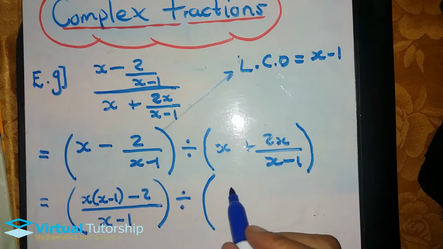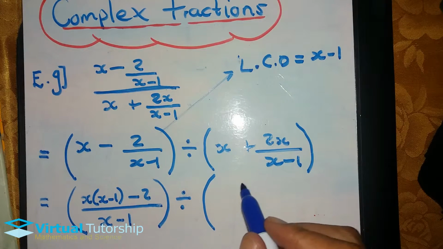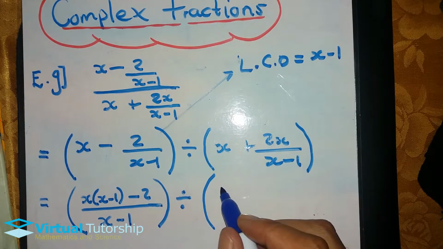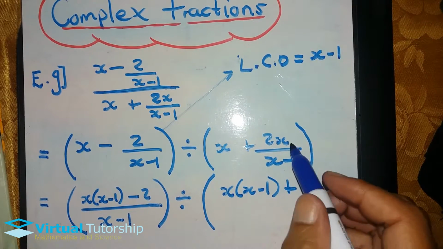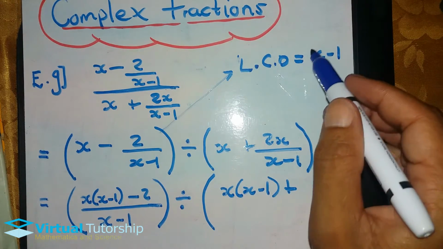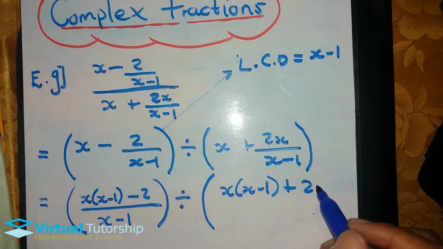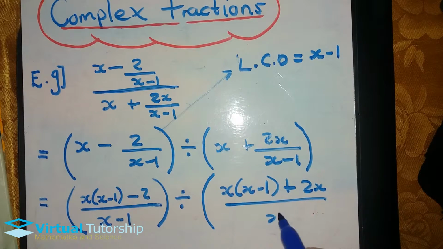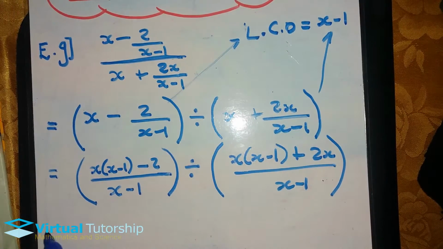open another bracket. Here we have the same LCD. So I multiply this x and get an x minus 1 plus, now multiplying by my LCD this x minus 1 will cancel this x minus 1 and 2x remains, all divided by the LCD. The LCD here and here is the same.